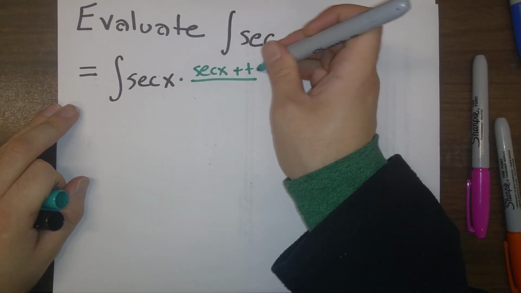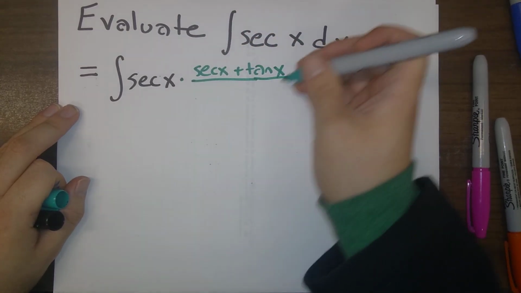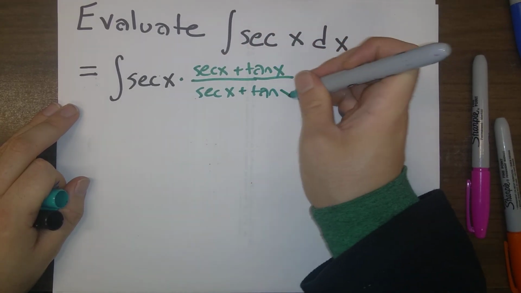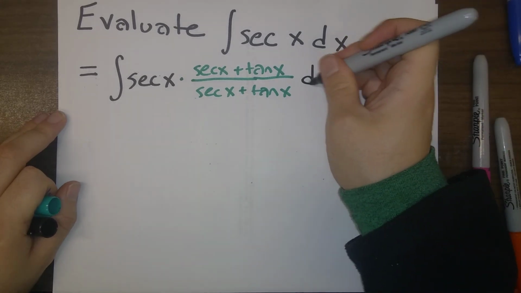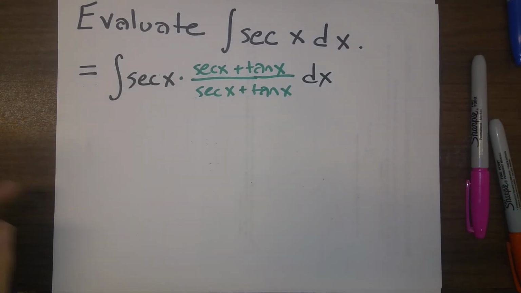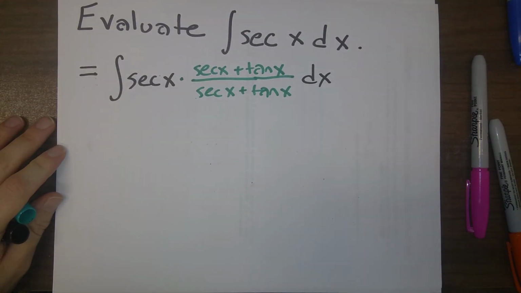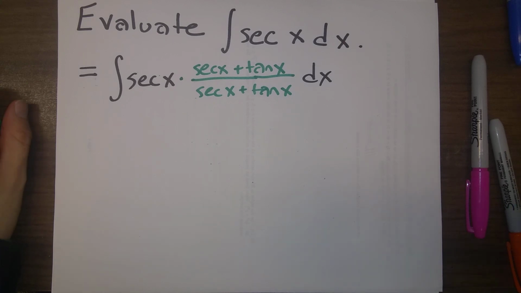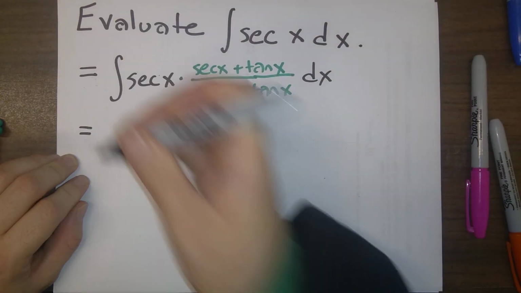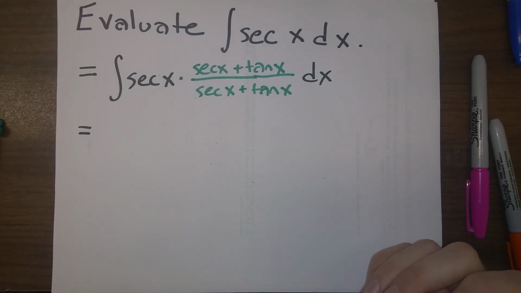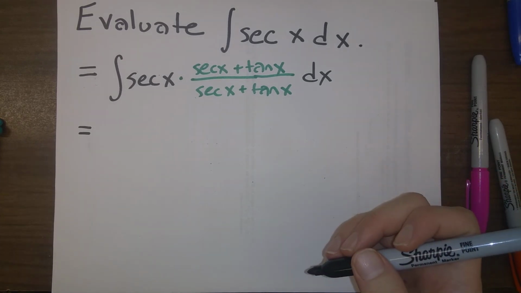We're going to multiply by secant x plus tangent x over secant x plus tangent x. So we're multiplying the top and the bottom by the same thing, which is just multiplying by 1. But as it turns out, this will allow us to integrate this. Again, we'll be able to use substitution.